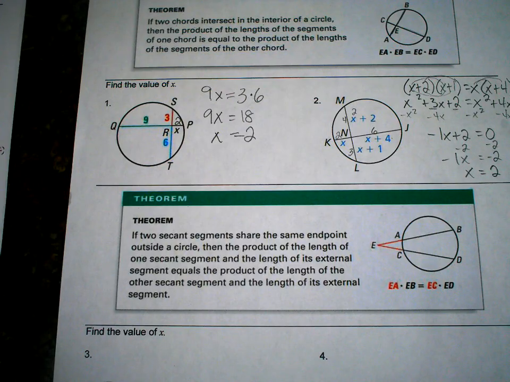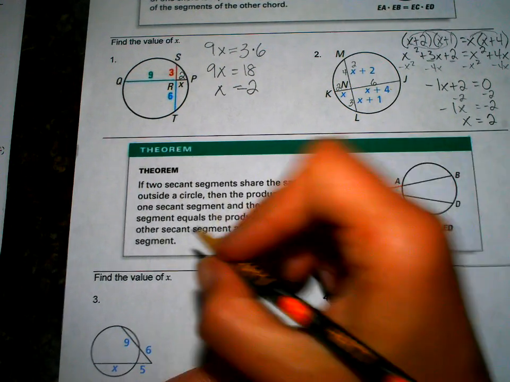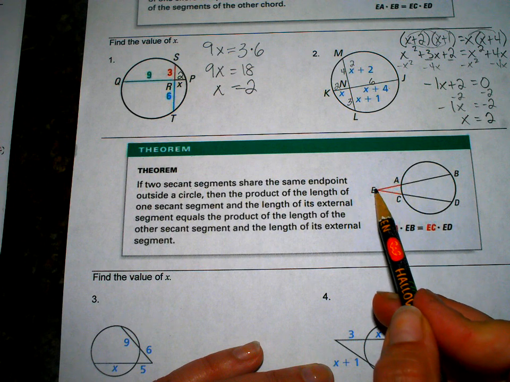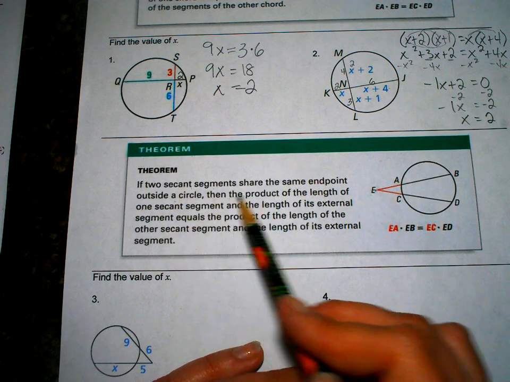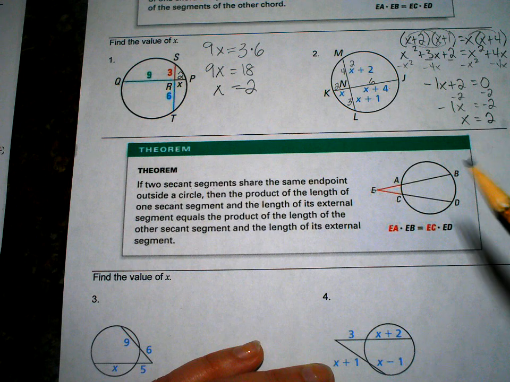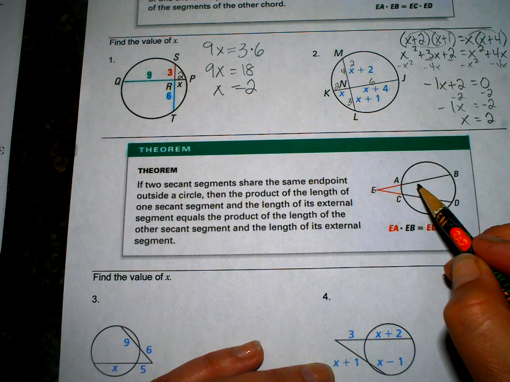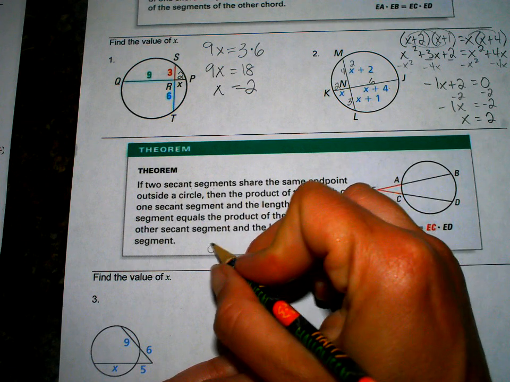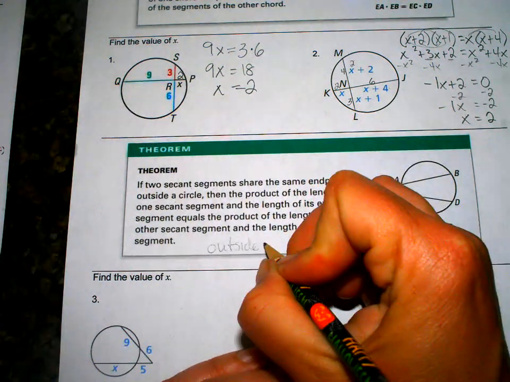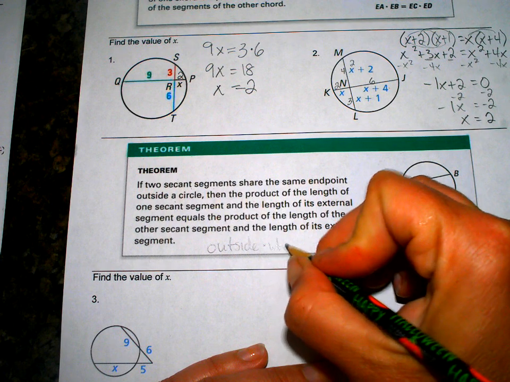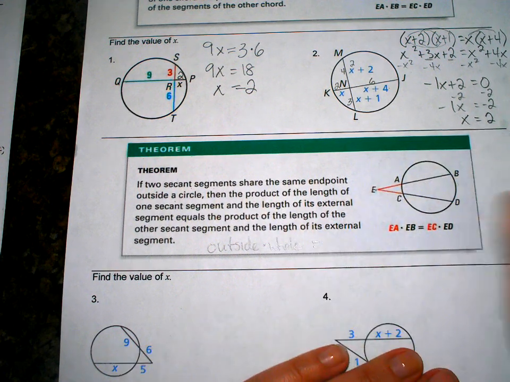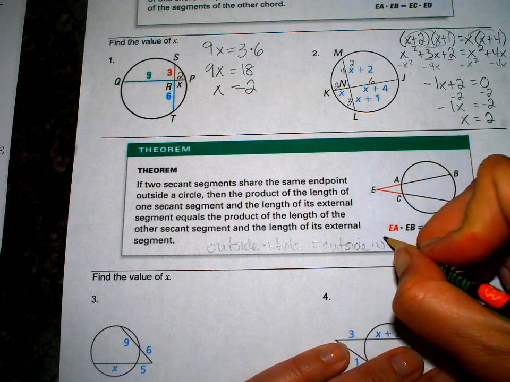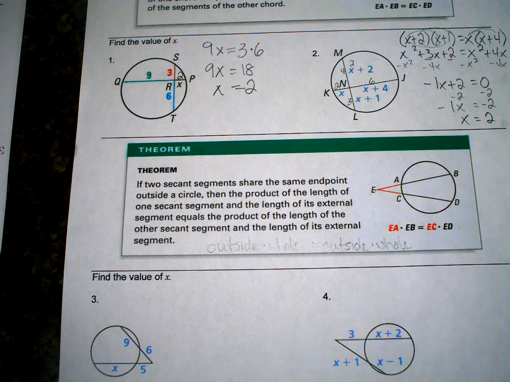So next, here's how it goes. If two secant segments share the same endpoint, E, outside of the circle, then the product of the length of one secant segment and the length of its external piece, so here it is, the outside piece, times the whole segment equals the outside piece of the other times the whole segment, okay?